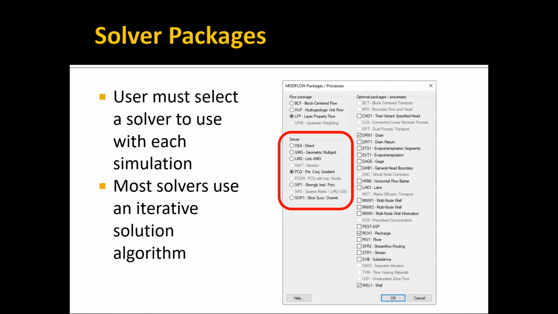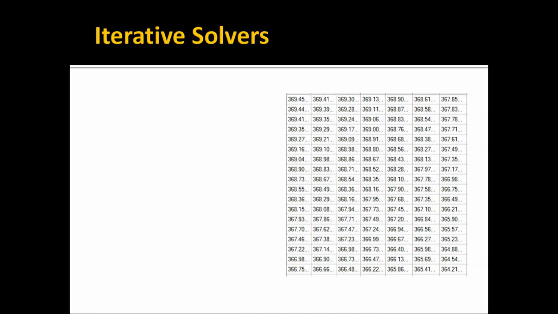And most of these solvers use what is called an iterative solution algorithm. And the way that works is, think of this array shown on the right as a set of head values for each cell in your MODFLOW grid. So to begin with, the user provides an initial guess at the head values. In other words, you're trying to guess what the final head values would be, and that provides a starting point.